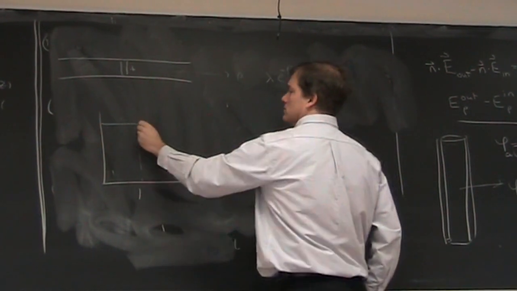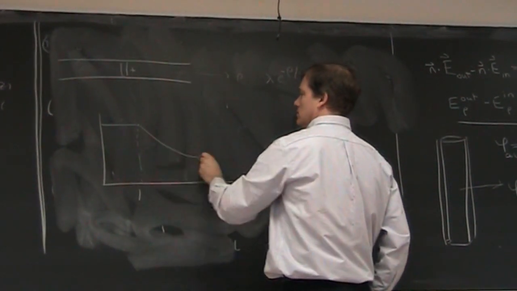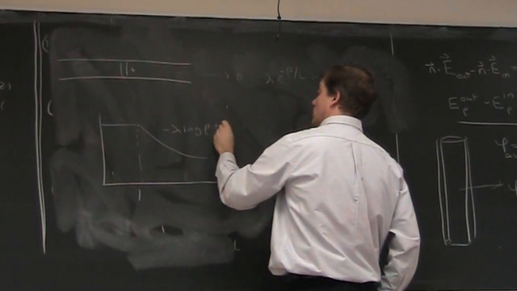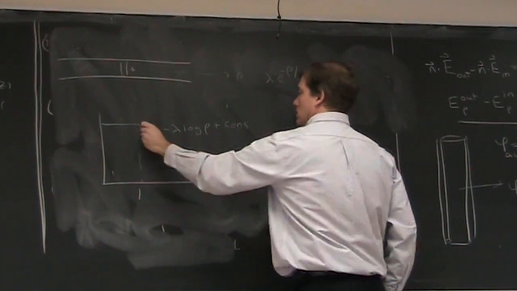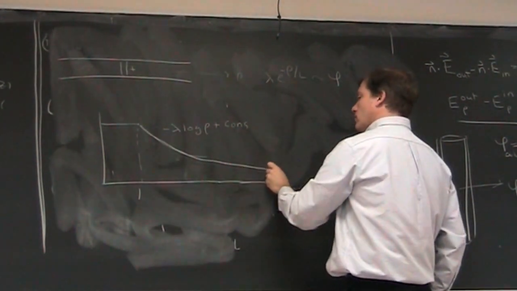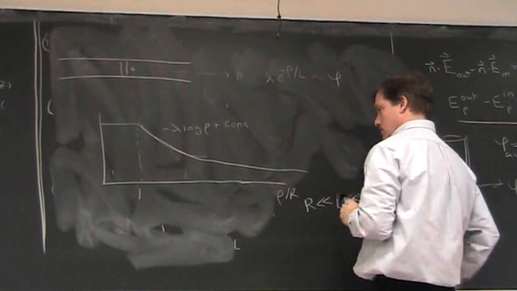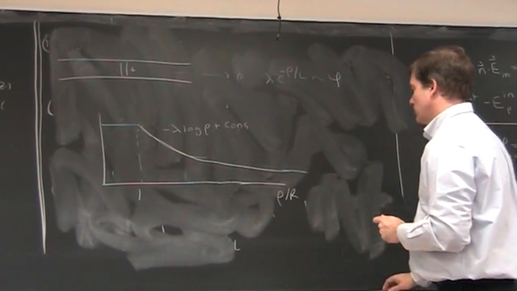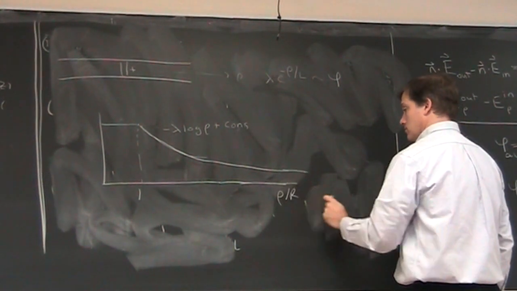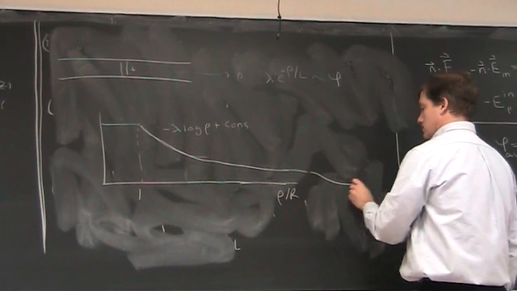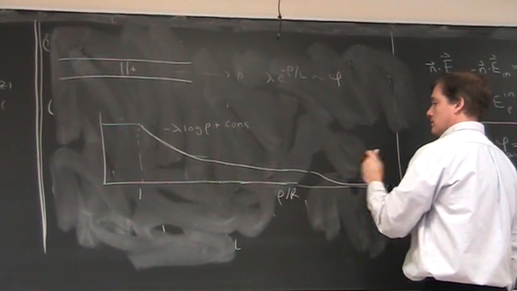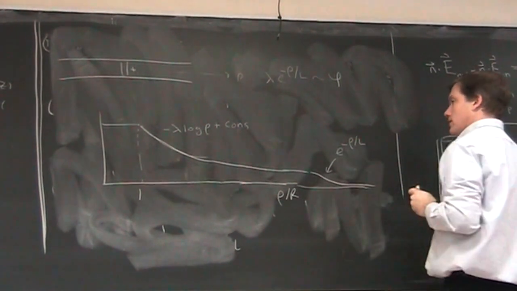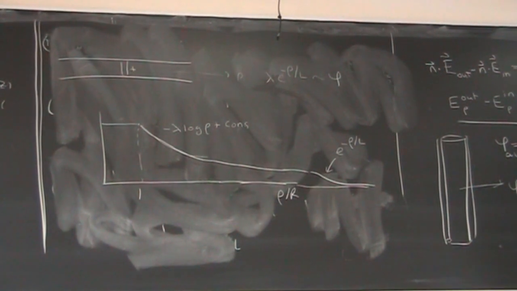Then you get a log behavior, log, then constant. And now if you go way, way out here, say when rho over r becomes of order L over r, then you expect it to decrease exponentially like this. That's basically what you expect.